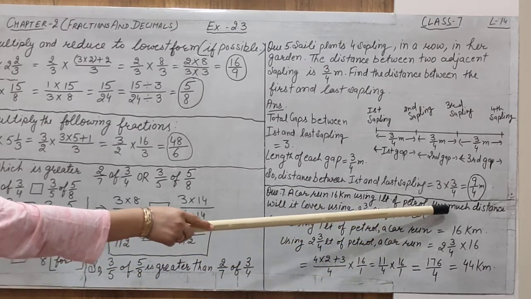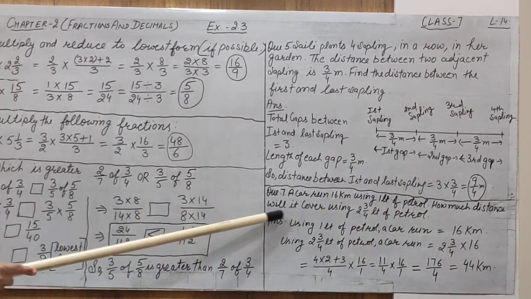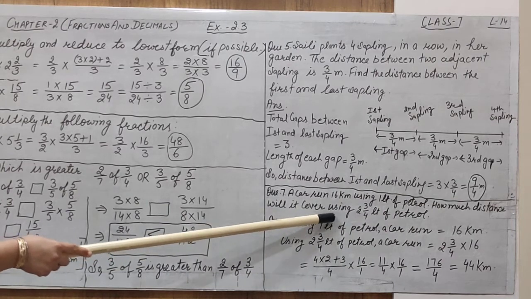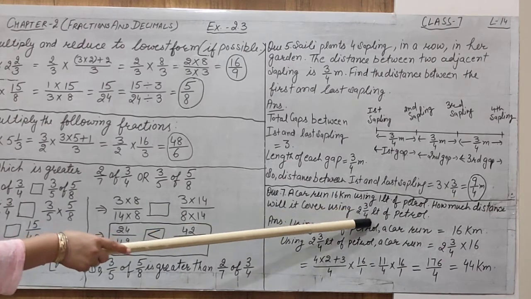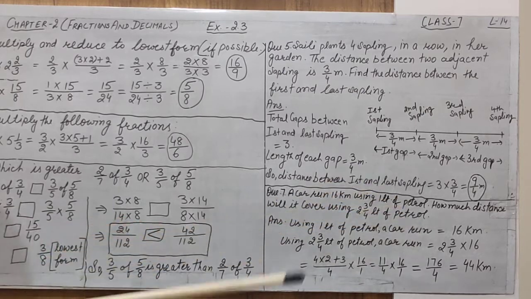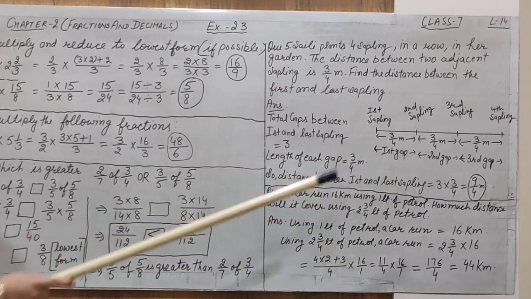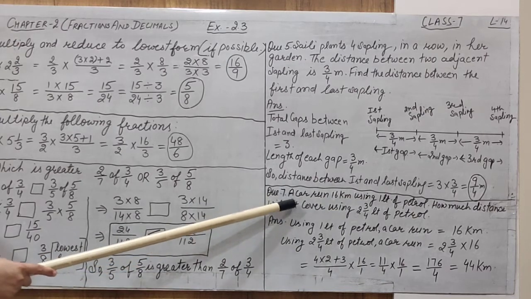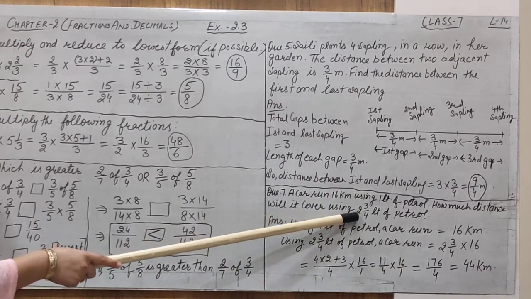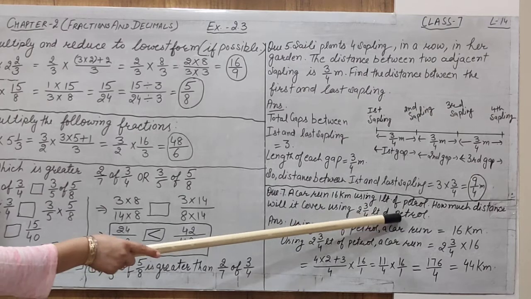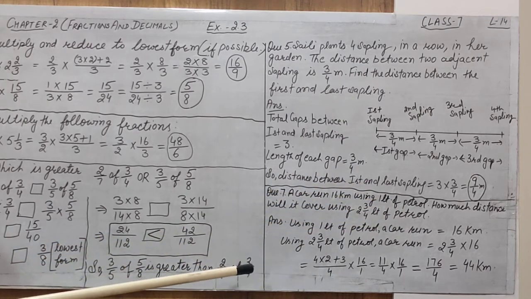Alright. How much distance will be covered using 2 3 by 4 liters of petrol? So we have to find out how much distance is covered by the same car using 2 3 by 4 liters of petrol. Alright.